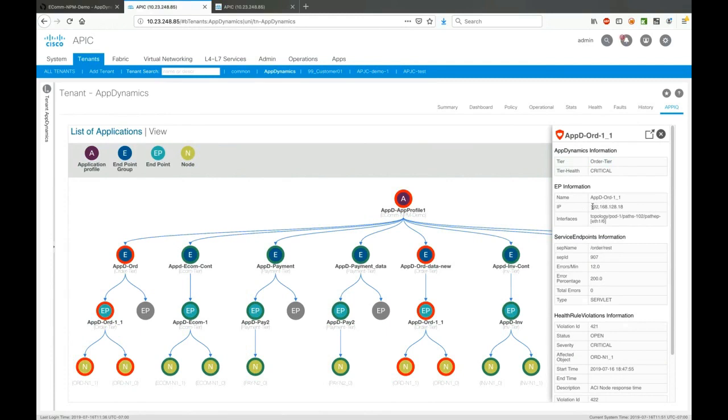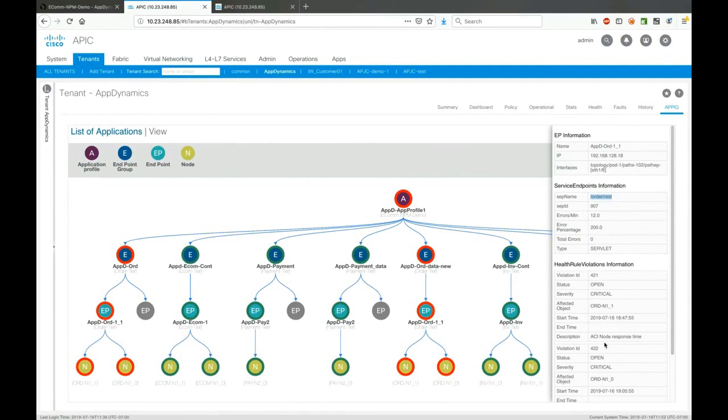Now this node is basically connected to this particular interface, so you get the information about the networking constructs that it is associated with. We also get the information about the services that this node or this endpoint provides. So if anything were to happen to this particular endpoint, from a networking point of view, these are the services for the application that would be affected, order rest.